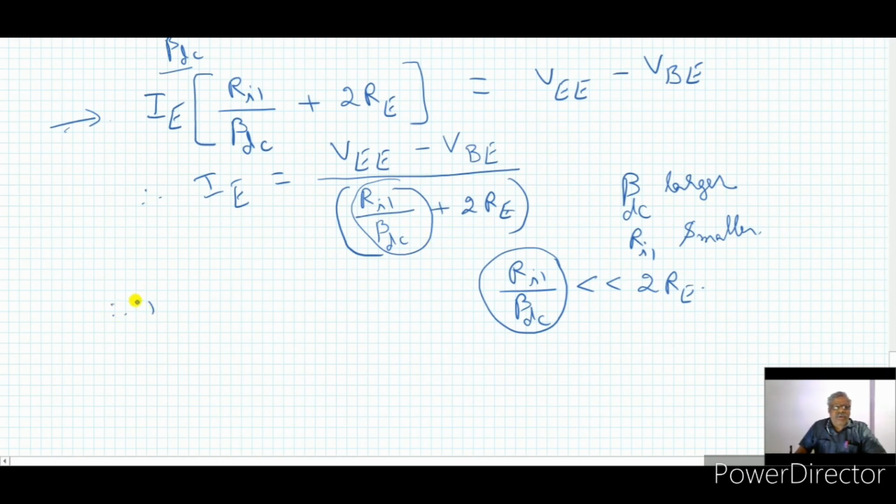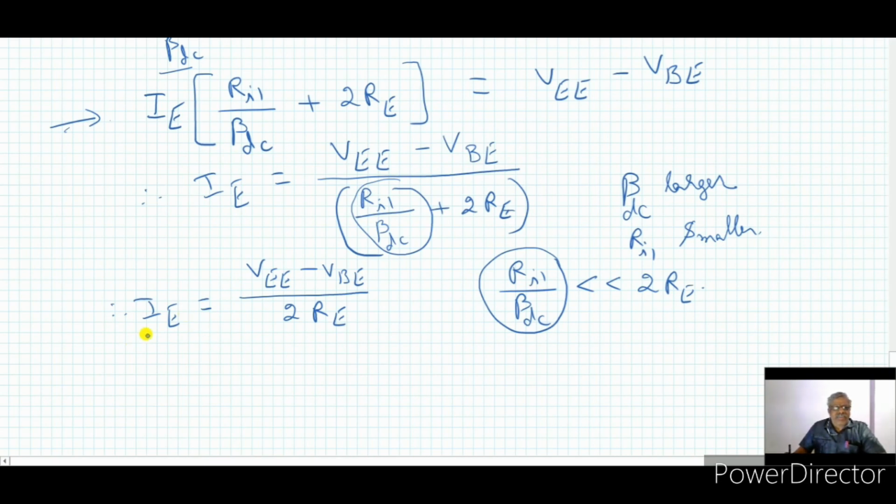So therefore, our IE is the ratio of VEE minus VBE over 2RE. VEE is the DC power supply, VBE is the base emitter voltage. For silicon it is 0.6 volts, and for germanium it is about 0.2 or 0.3 volts, divided by 2RE, where RE is the emitter resistance.